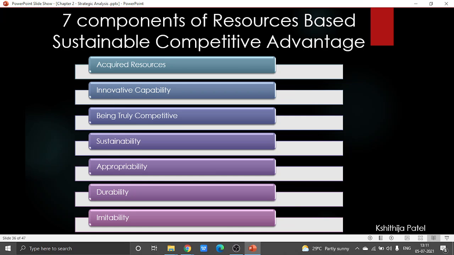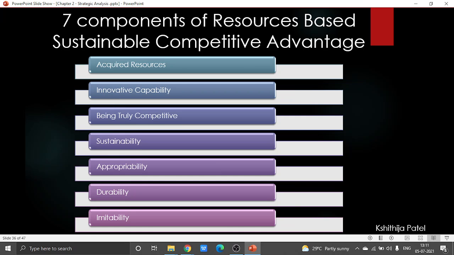In other words, in management terms, they run different tests to find out which resources generate core competences, which can be the source of sustained competitive advantage.